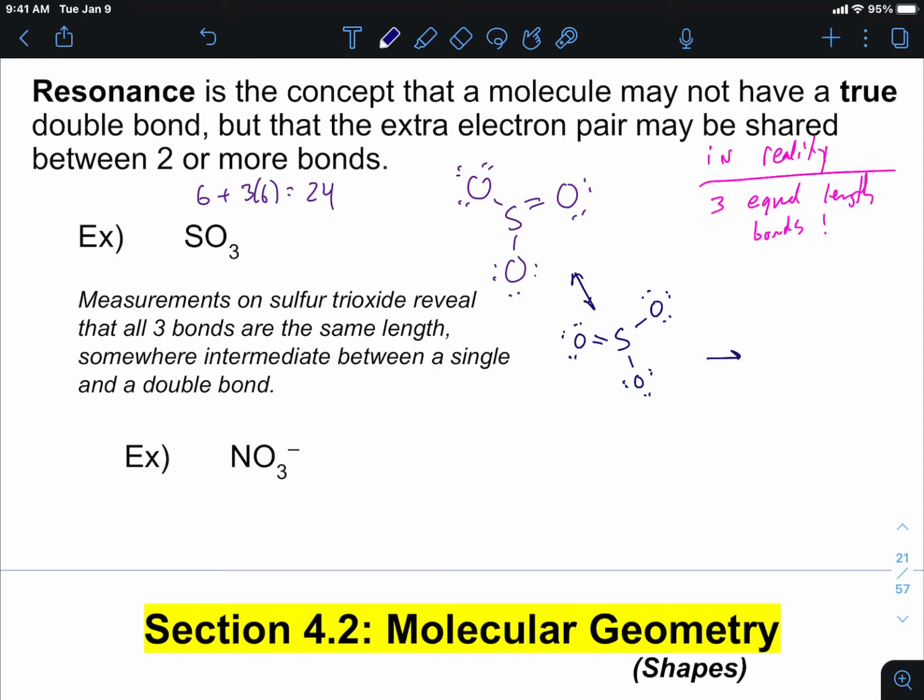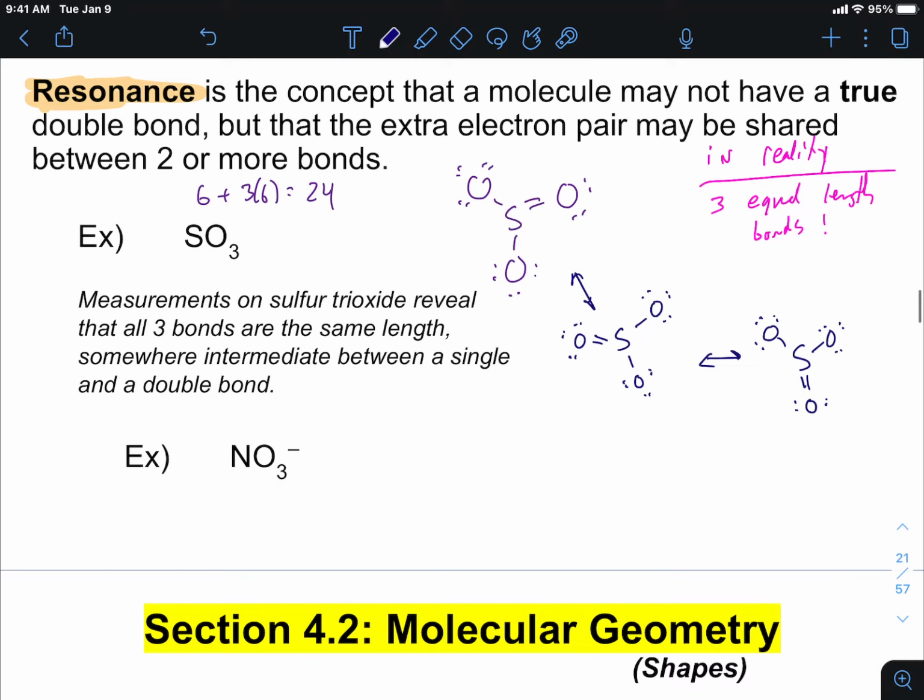And I'm going to do this one more time, so that the double bond is shown in 3 different positions. And what we're doing right here is called resonance. And resonance is meant to show that the bonds are actually averaged.